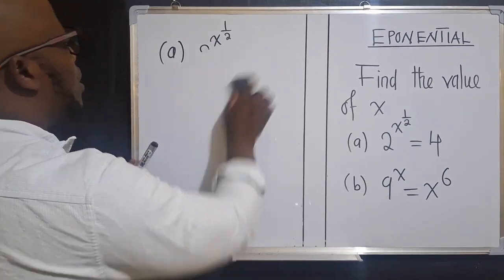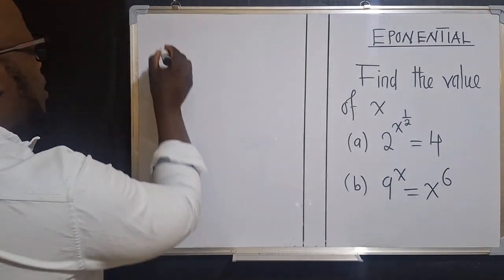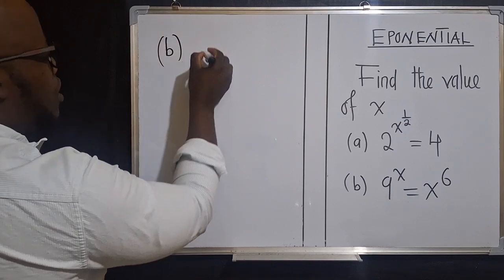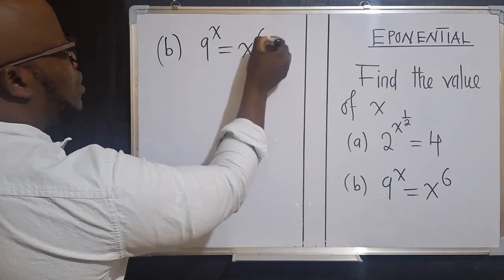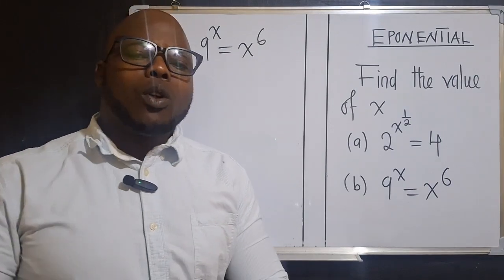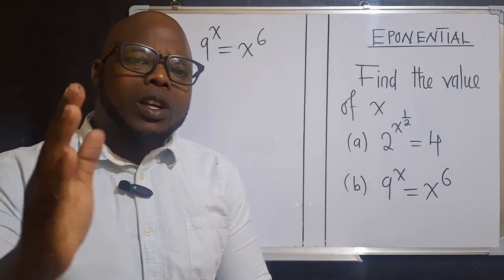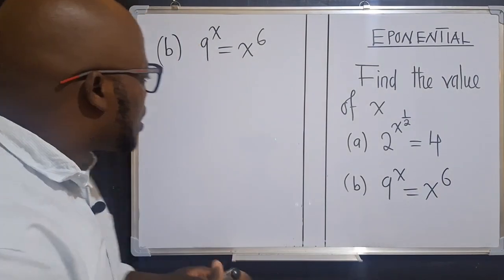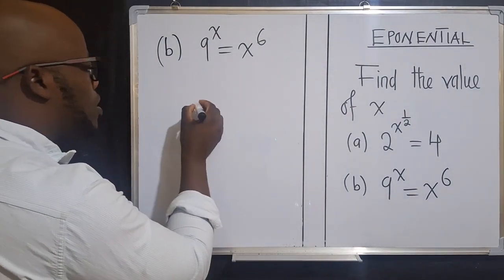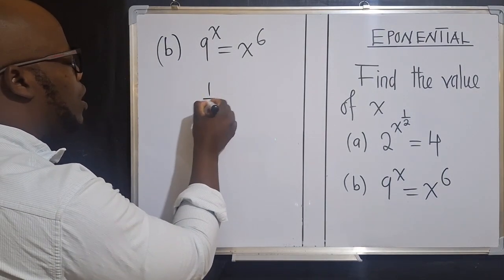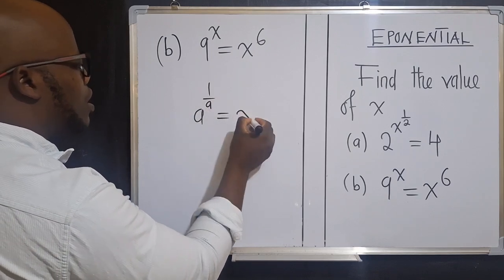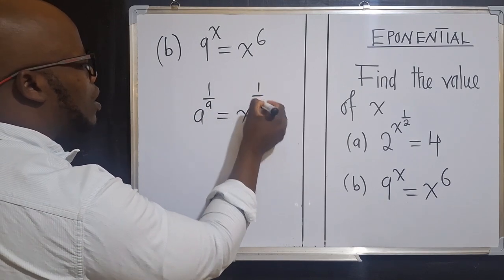For the next question, which is question B, we've got 9 power x is equal to x power 6. So the law which we need to use here, let me share the law with you. Come with me, I share it with you. The law that we're supposed to use here is that when you've got a power 1 over a is equal to x power 1 over x.